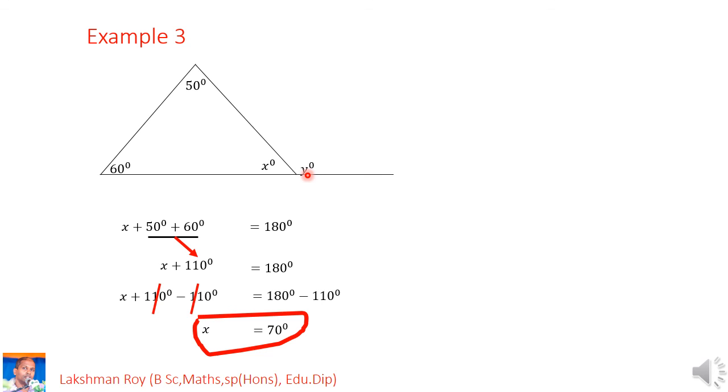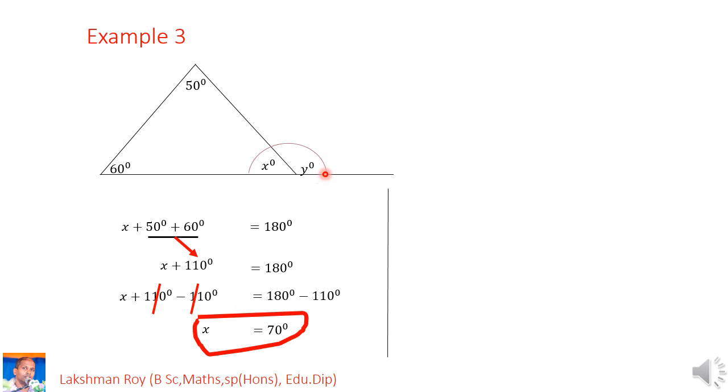Now you can see here, students, what you learned in grade 7, right? This is a straight line. You know the angle on this straight line, this whole angle is called a straight angle. So the magnitude of this whole angle is 180 degrees, right?